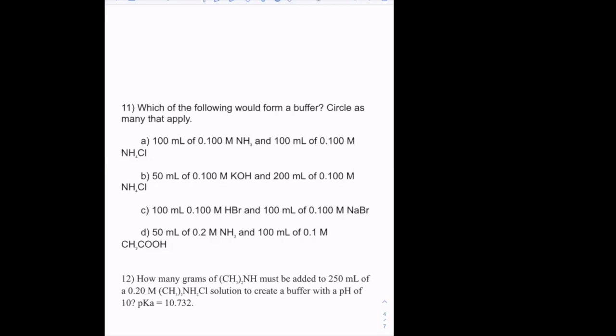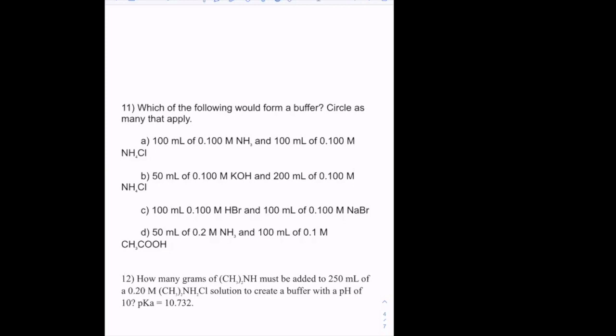Salts, and you're going to have to determine whether the combination of these two ends up forming a buffer. And so to clarify what a buffer is, it's basically a combination of an acid and its conjugate base in a solution, and that's all you basically have to look for.